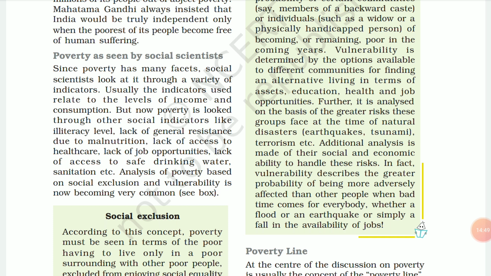But now, poverty is looked at through other social indicators like literacy level, lack of general resistance, general assistance due to malnutrition, lack of access to healthcare, lack of job opportunities, lack of access to safe drinking water, sanitation, etc. Analysis of poverty based on social exclusion and vulnerability is now becoming very common.